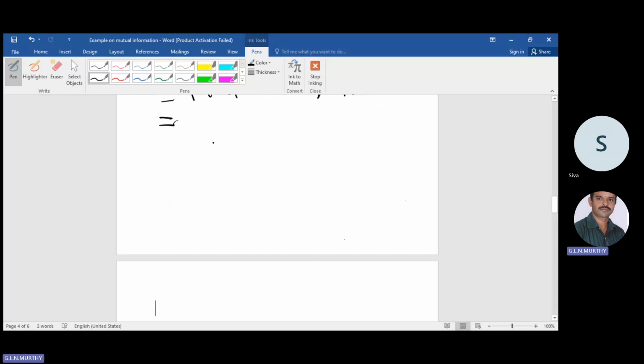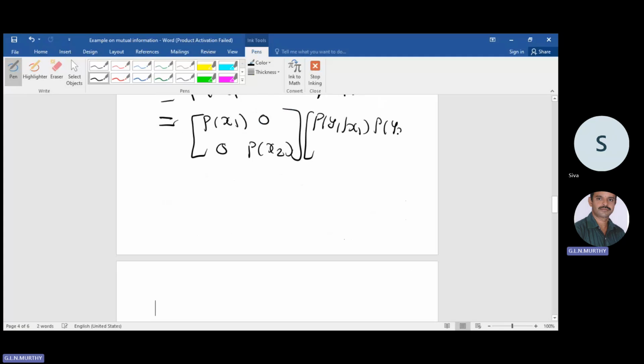If I substitute the values given in the problem, what values are given? The probabilities are written in a diagonal matrix: P of x1, 0, 0, P of x2, followed by your given matrix: P of y1 upon x1, P of y2 upon x1, and similarly P of y1 upon x2, P of y2 upon x2.